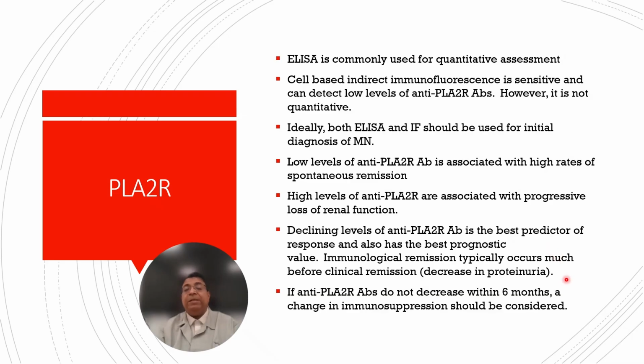Immunological remission typically occurs much before clinical remission, which is decrease in proteinuria. Immunological remission is what you should see, and then clinical remission will happen later, sometimes much later. If anti-PLA2R antibodies do not decrease within 6 months, a change in immunosuppression should be considered.